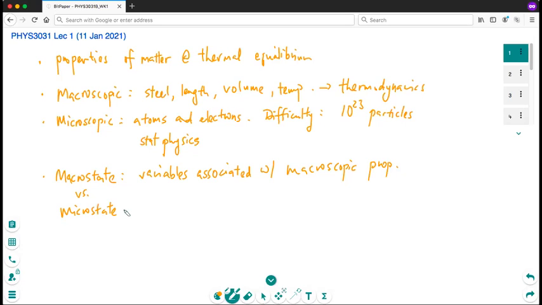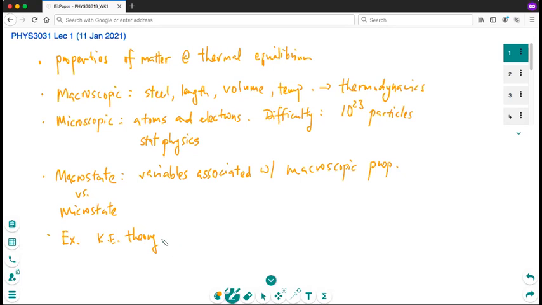For example, in the kinetic theory of gases, when you describe one particle, you give 6 coordinates.